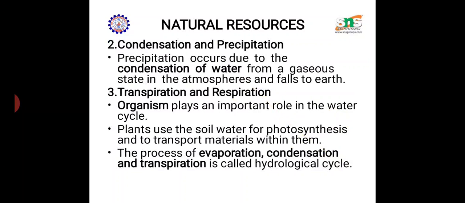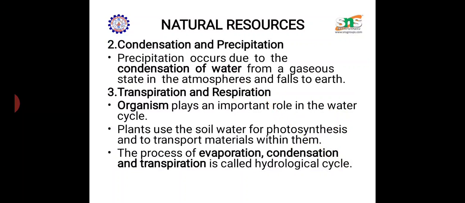The next one is transportation and respiration. These are done by organisms, which play an important role in this. The plant, which uses the soil for photosynthesis, transports materials. Certain water molecules escape from the stomata of a leaf of the plant, and soil moisture gets evaporated.